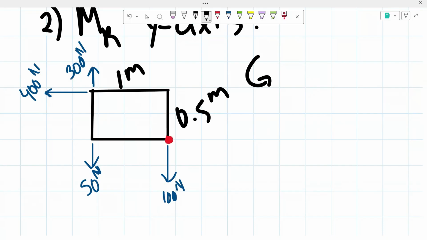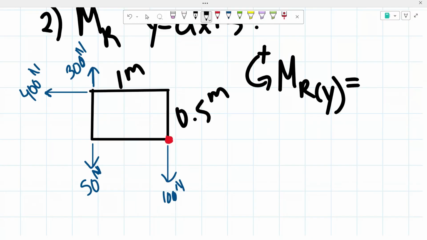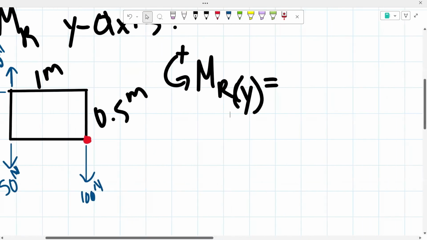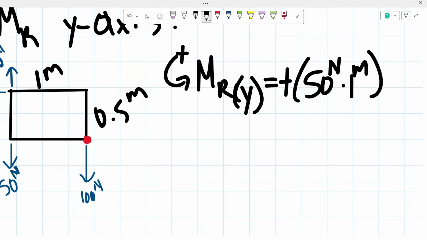So we know that counterclockwise is positive, and our resultant moment about the y-axis is equal to, we're going to start off with this 50 newtons. The force is 50 newtons. The distance is 1 meter. From there, it's going to be creating that counterclockwise moment, so it's going to be a positive moment. So we have a positive moment of 50 newtons times the distance of 1 meter.